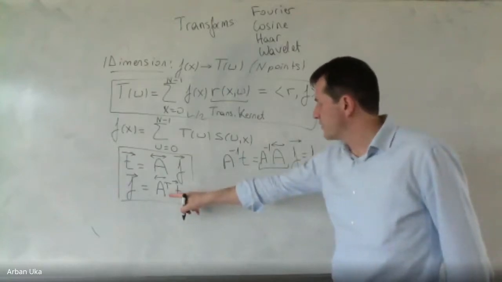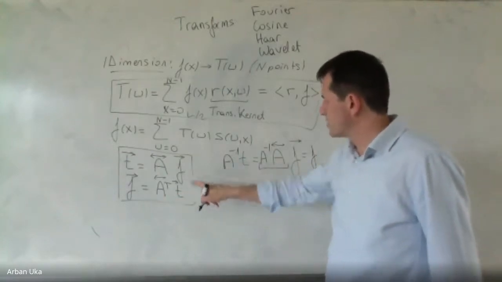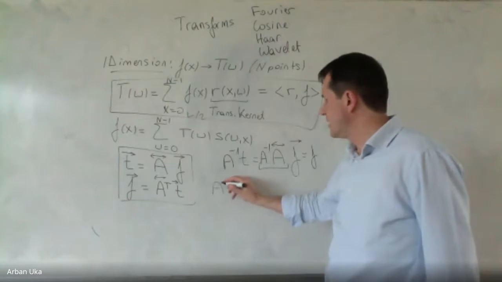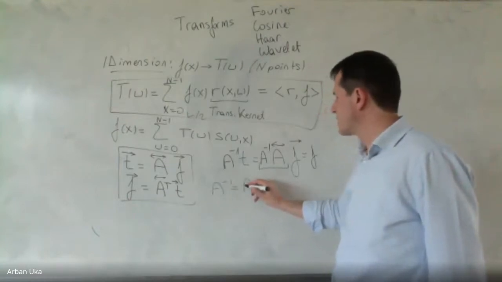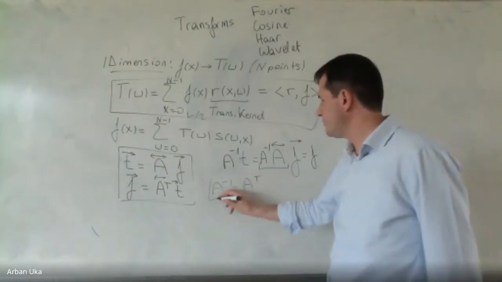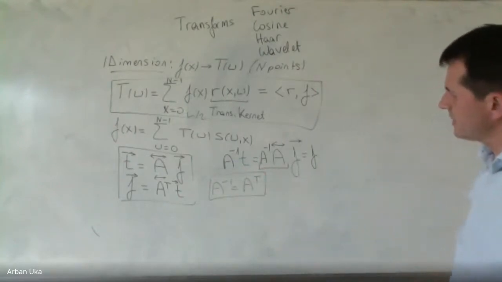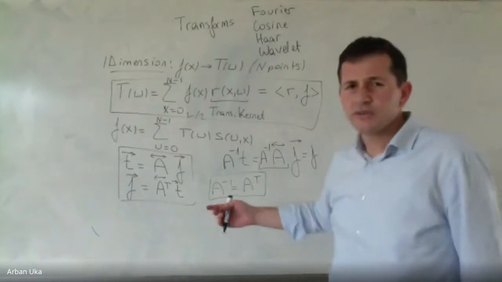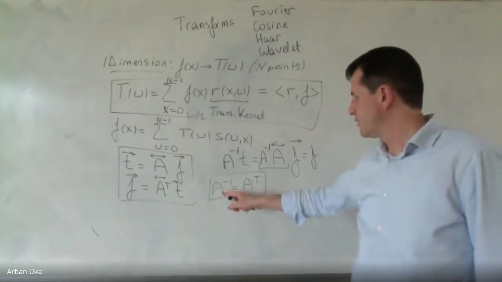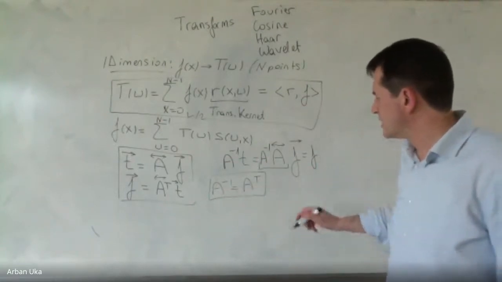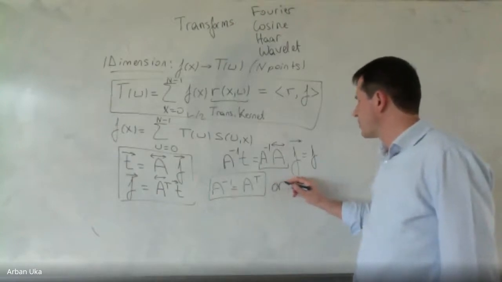Now, this F, it looks like if this is true, this means that this A inverse is equal to A transpose, okay? Then, if this is the case, we are indirectly showing that A inverse is equal to A transpose, and this matrix is called an orthogonal matrix.